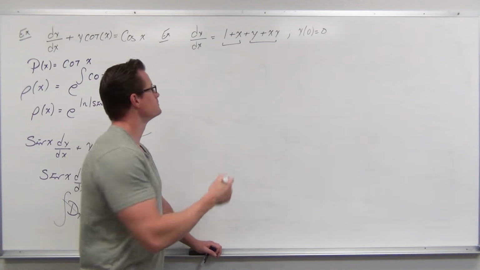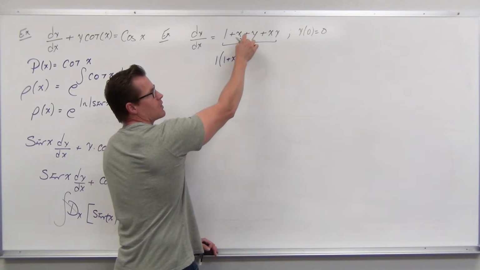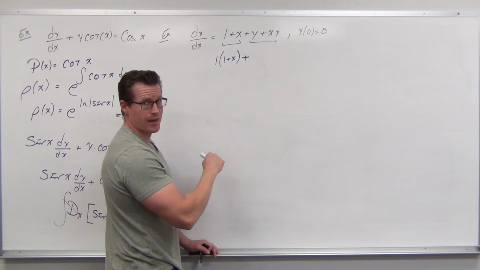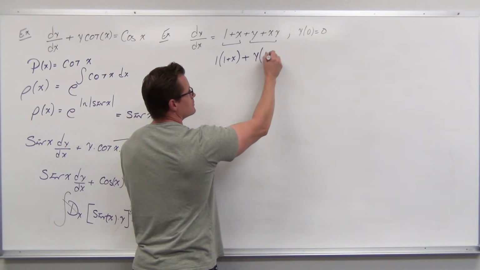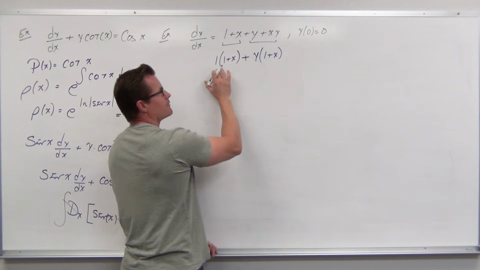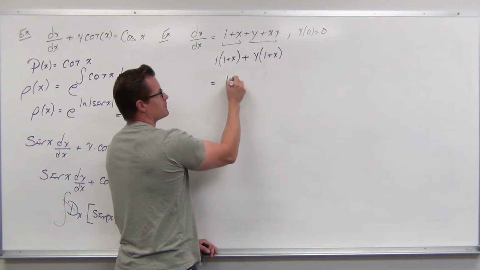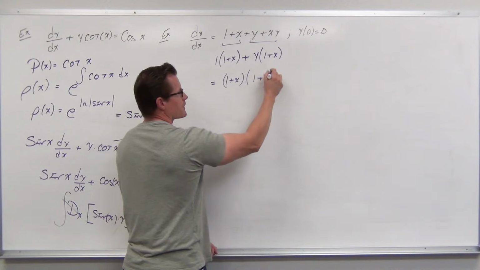Nothing means 1. Grouping always brings down your middle term, groups the last 2 and says, what can you factor out of that as far as a GCF? y. And if you have 2 terms with the same factor, you can keep on going. Factor 1 plus x, what remains is 1 plus y.